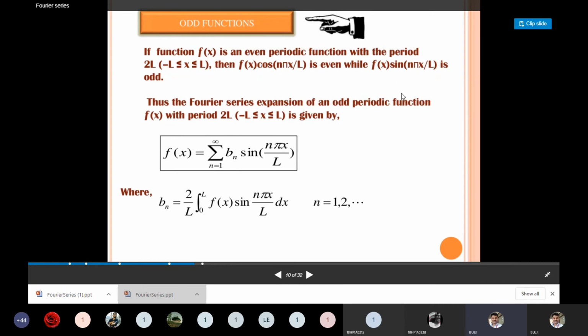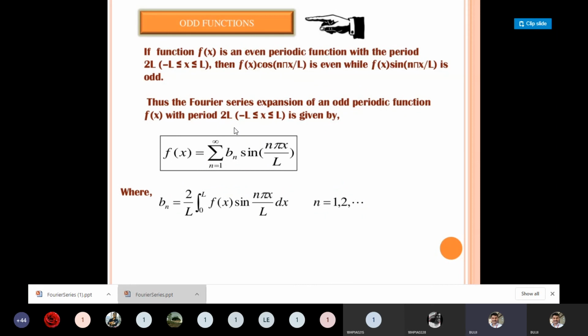Similarly, the first part, the even function, is over. Coming to the odd part, whenever the function is an odd function, both the first terms, that is the DC term and the even term, are zero. This is not completed here, he has directly given the function.